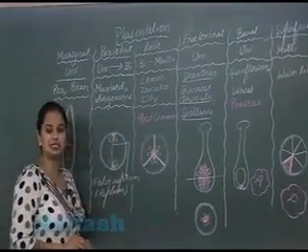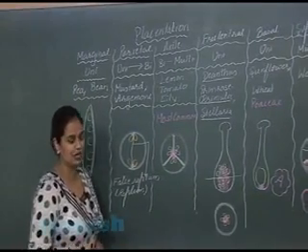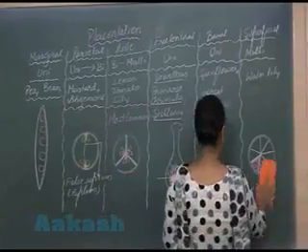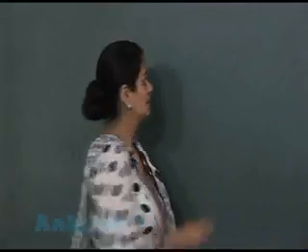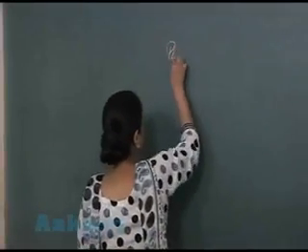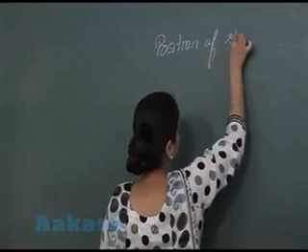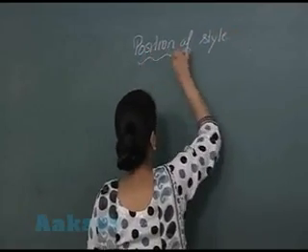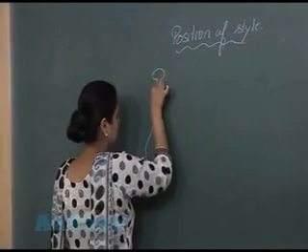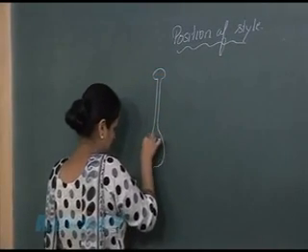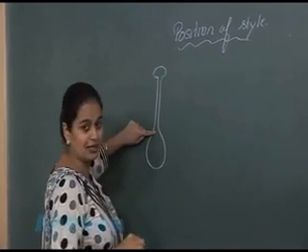So now after dealing with the placentation, I will be discussing the position of style. So let's discuss now the position of style. So in the first case you can see here, जो स्टाइल है वो ओवरी के टिप से अराइज हो रही है.